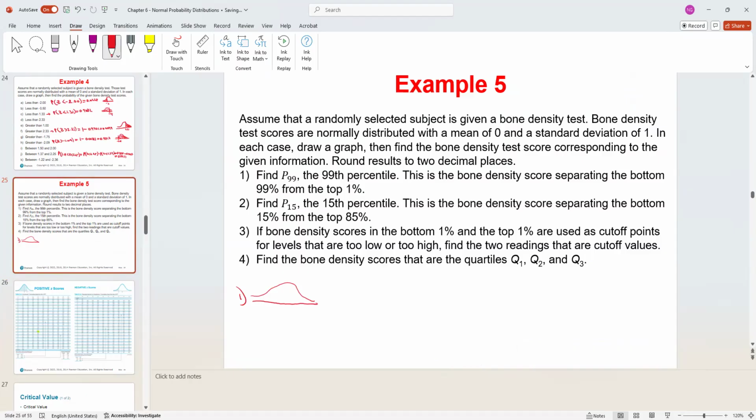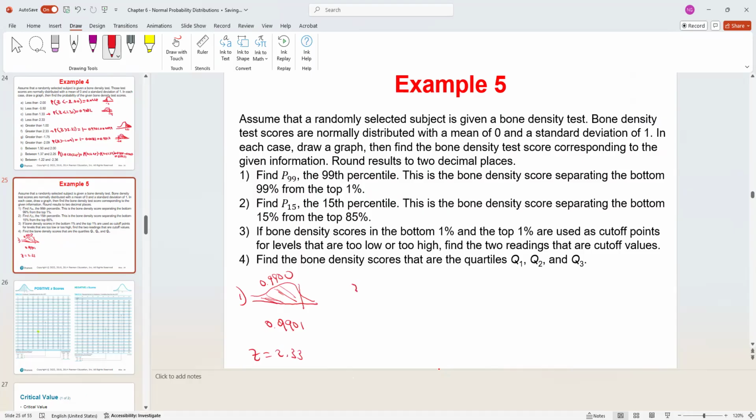We're going to take exactly on the left. So the 99th percentile is like the whole thing here. But because in the tables we cannot find 0.99, we find 0.9901. So the z corresponding to this one is 2.33. Remember, if we don't find the exact value, we take the closest one for 0.99.